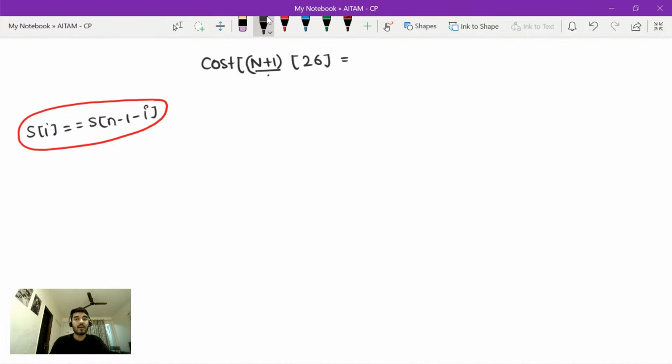So in this case, you have a middle index which is independent, and that middle index is not being mapped with any character.